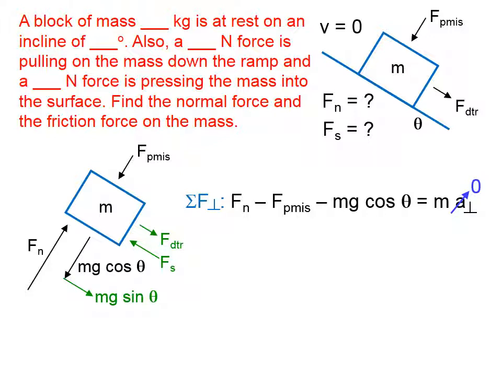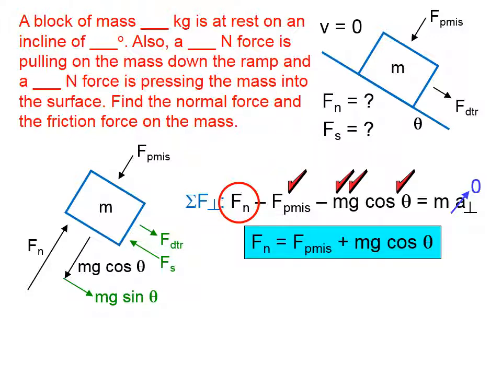This mass is at rest, so it's not accelerating, which means since we're given the mass and theta, and we know what g is, and we're given the force pressing the mass into the surface, we should be able to solve this one for the normal force. And there's our answer for the normal force.